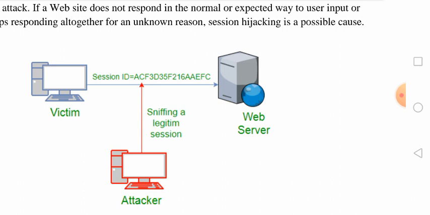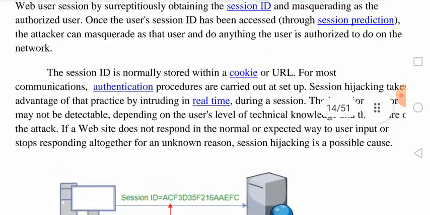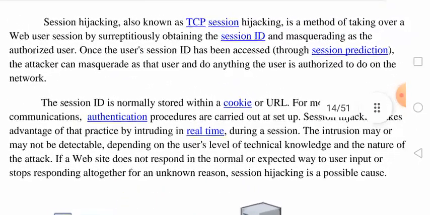But an attacker somehow gets this session ID, usually from the client's web browser cookie, and this attacker gets all the information passed throughout that session. What is exchanged between the victim and the web server will reach this attacker too. That's the problem with session hijacking.